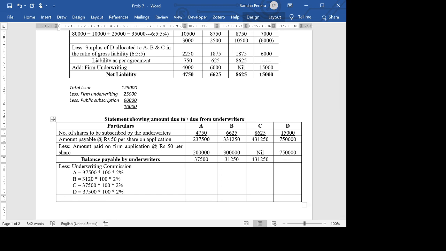Okay, so if I do these calculations, I will get, in case of A, 75,000. In case of B, it's going to be 62,500. In case of C, it will also be 62,500. And in case of D, it's going to be 50,000.